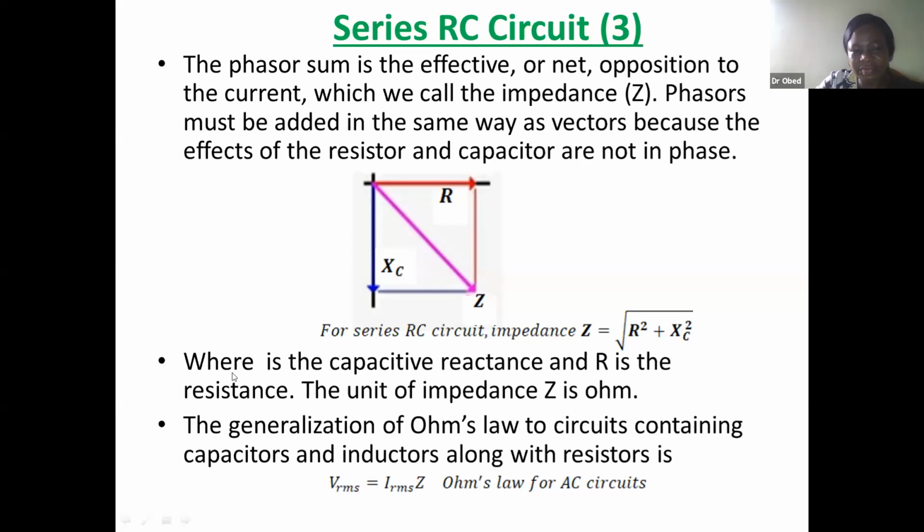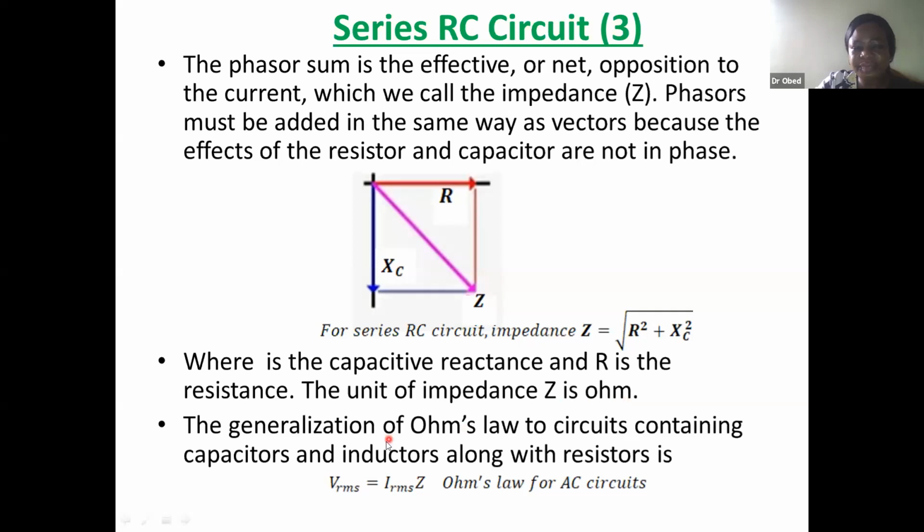We have seen that before. There should be XC here, an omission, where XC is the capacitive reactance and R is the resistance. The unit of impedance Z is ohm.